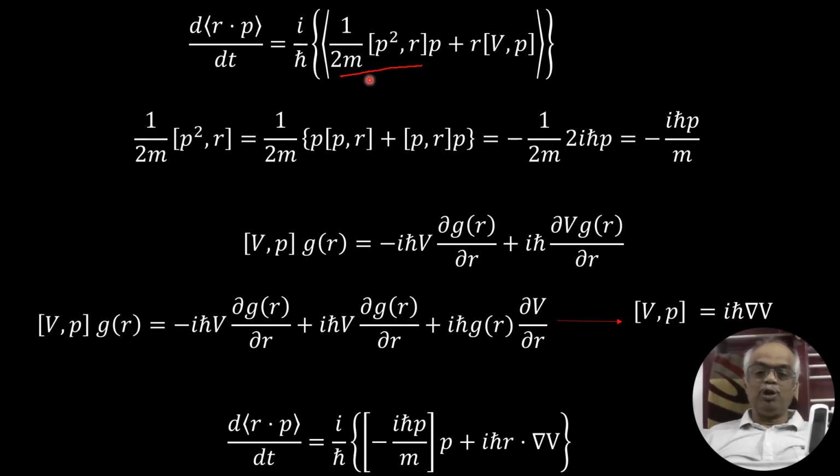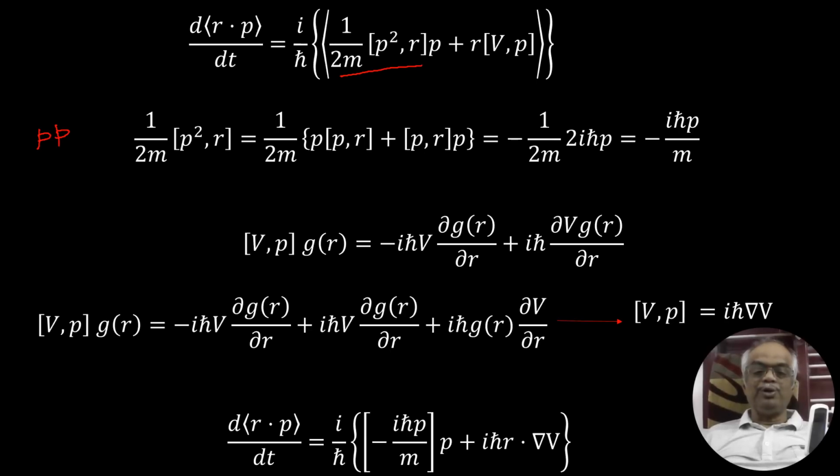This commutator can be written with P squared as P into P: the left-hand side P is taken to the left of the commutator bracket and the right-hand side P to the right, according to the commutation rule. So it becomes P times the commutator of P with R, plus the commutator of P with R multiplied by P.